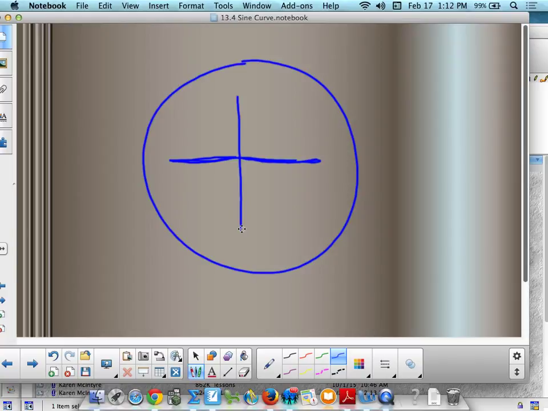Now, do you notice my line quit early? I didn't go to the edge of the plate because I'm gonna ask you to do this right in this spot. This would be 0 degrees, which equals how many radians? 0 radians, right? 0 degrees is in the same spot as 0 radians. So now what you have to do is start drawing these lines.